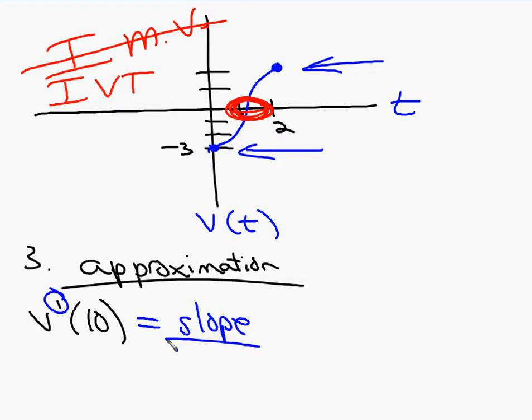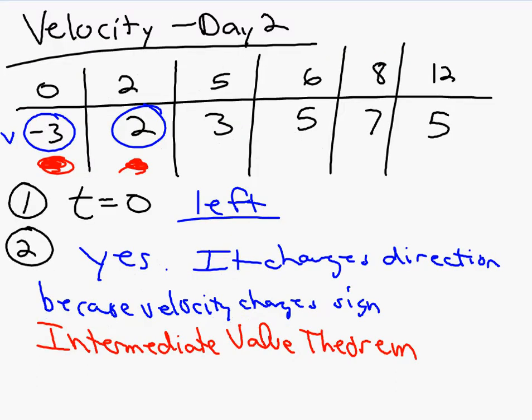Let's go back to the table for a second. Well, lo and behold, I don't have anything for 10, do I? But I do have values for 8 and for 12. And do you remember the key word I just said? Approximately. So don't I have 2 points? Right? Yeah.